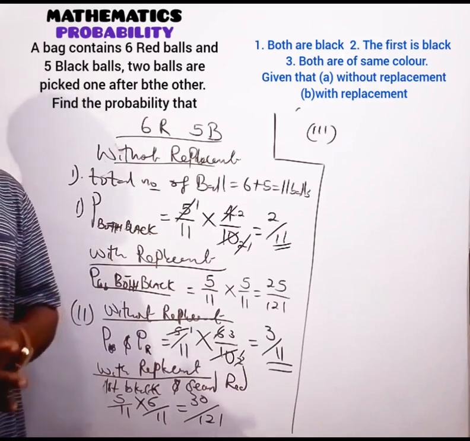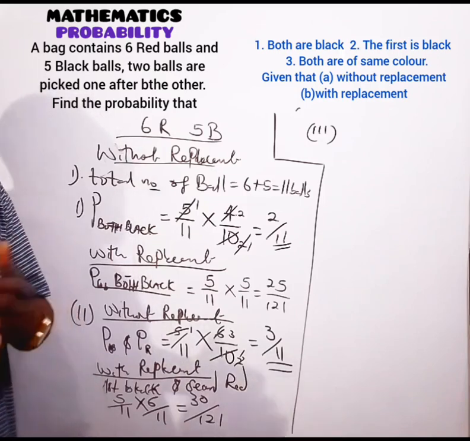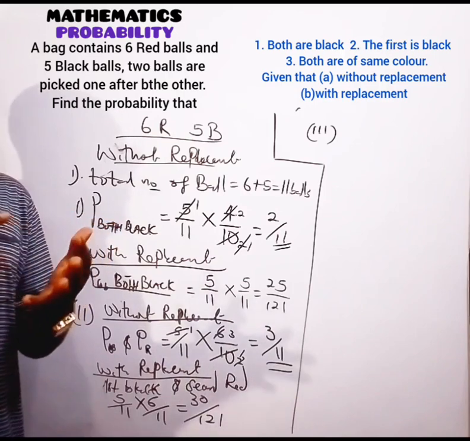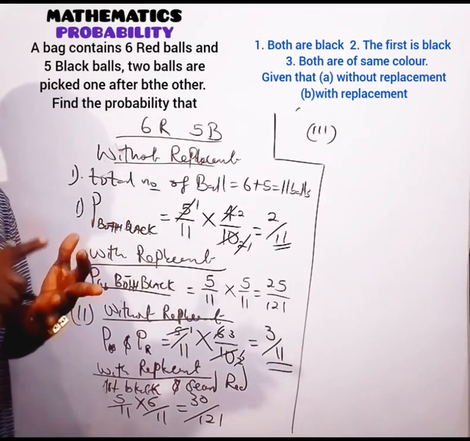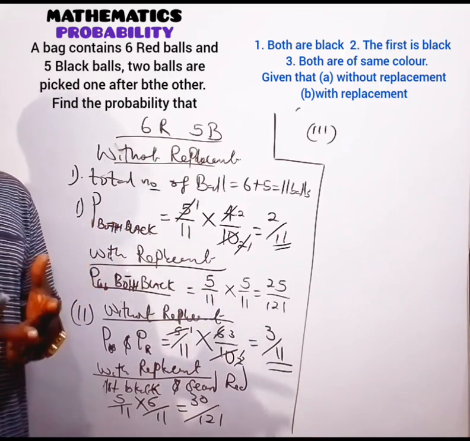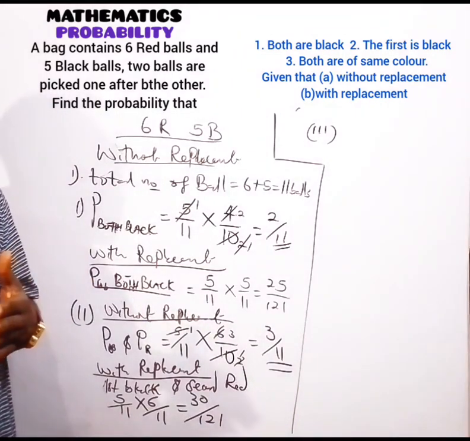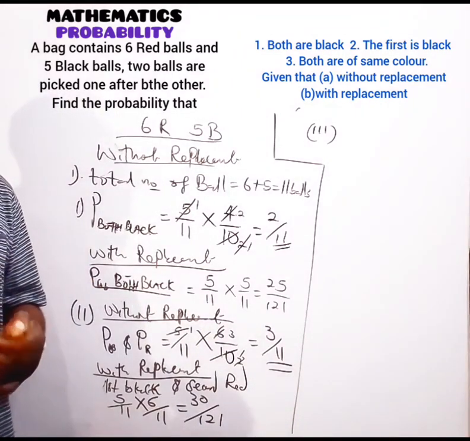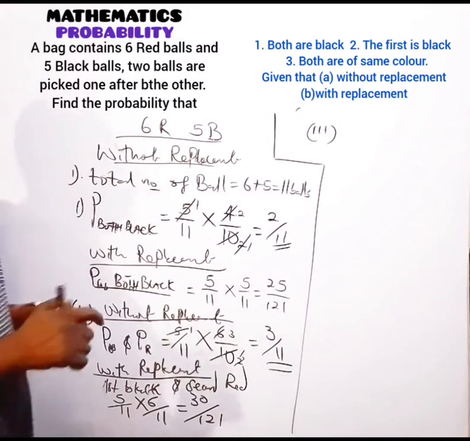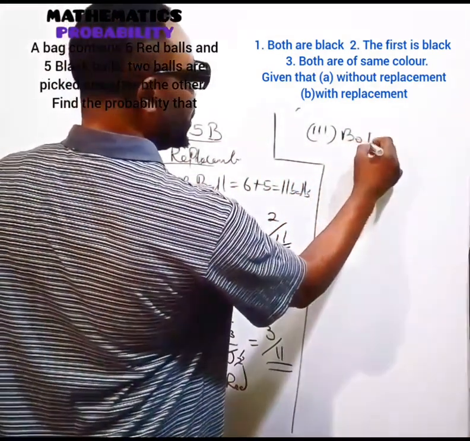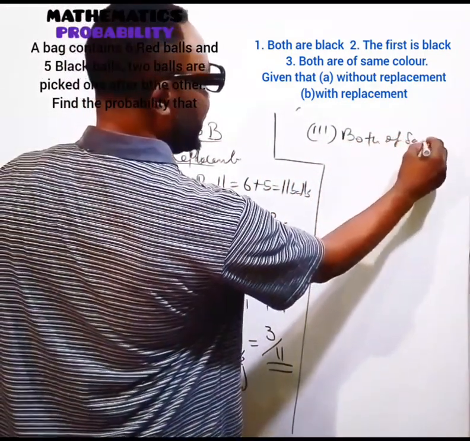So in that regard, you pick two balls. It means that either the first is black and the second is black, or the first is red and the second is red. So let's start with without replacement. Both of the same color.